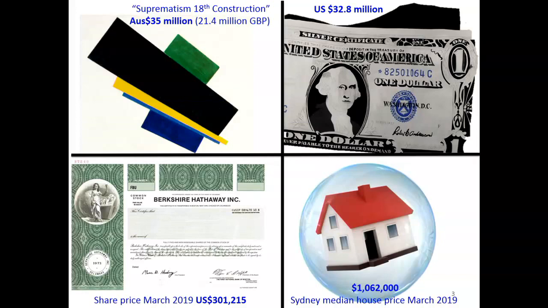The painting of a dollar note has sold for $32.8 million. A share of Berkshire Hathaway is going for $301,000, one share. And the median house price in Sydney is $1.62 million. So of all of those things, we can value these two. These other ones are, in a sense, out of the reach of finance.